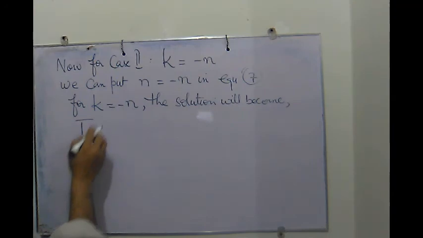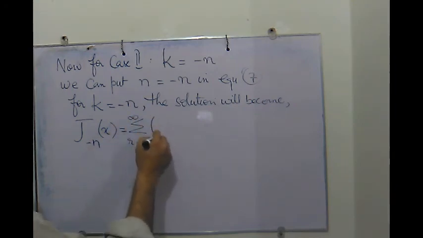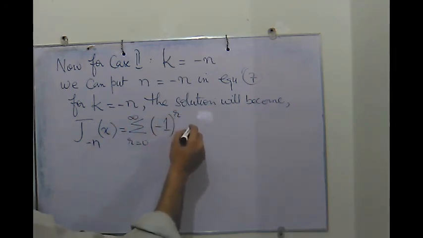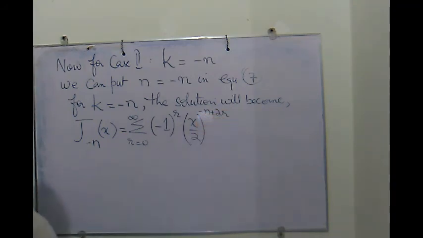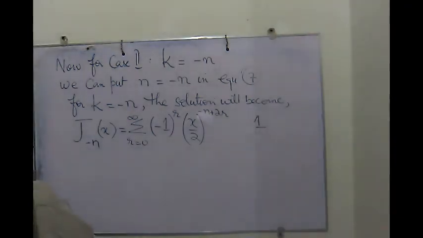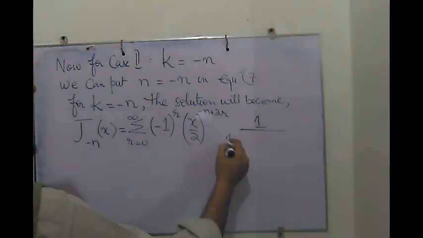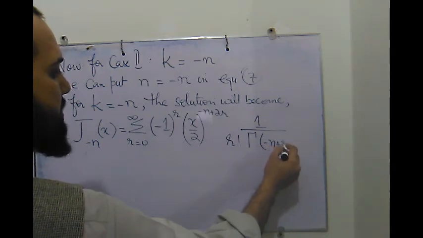J minus n of x is equal to summation r is equal to 0 to infinity, minus 1 raised to the power r, x upon 2 to the power minus n plus 2r, 1 upon r factorial gamma minus n plus r plus 1.